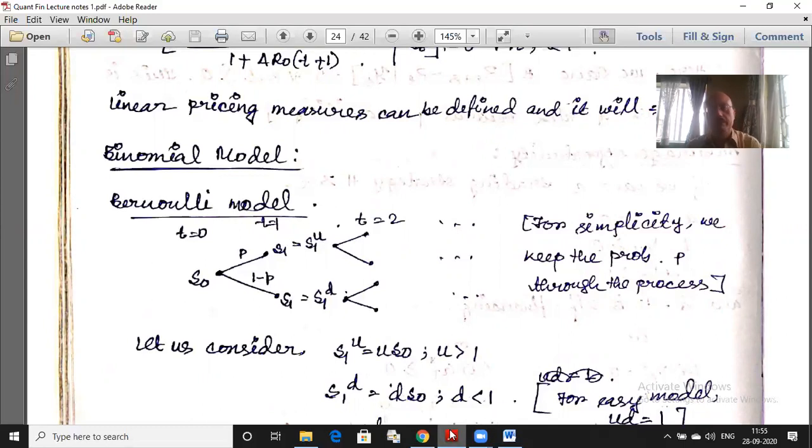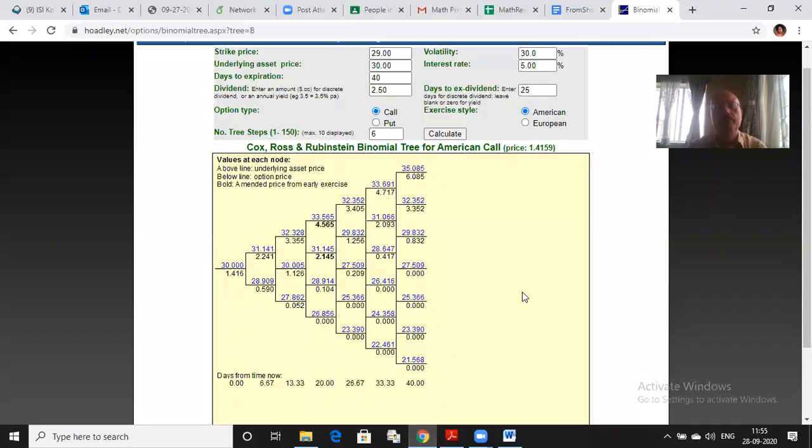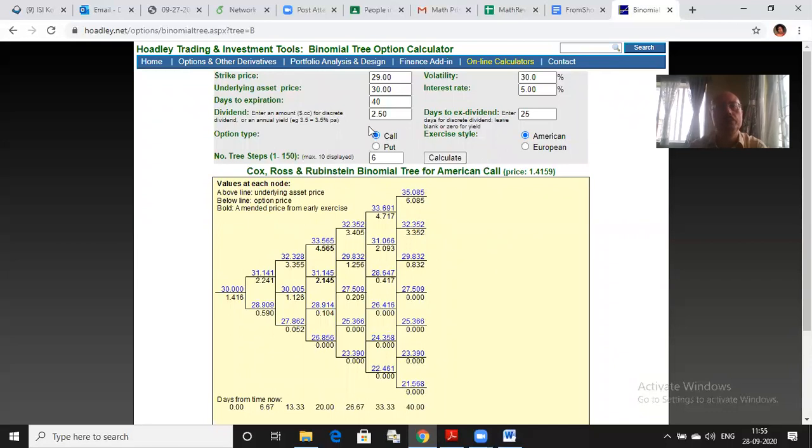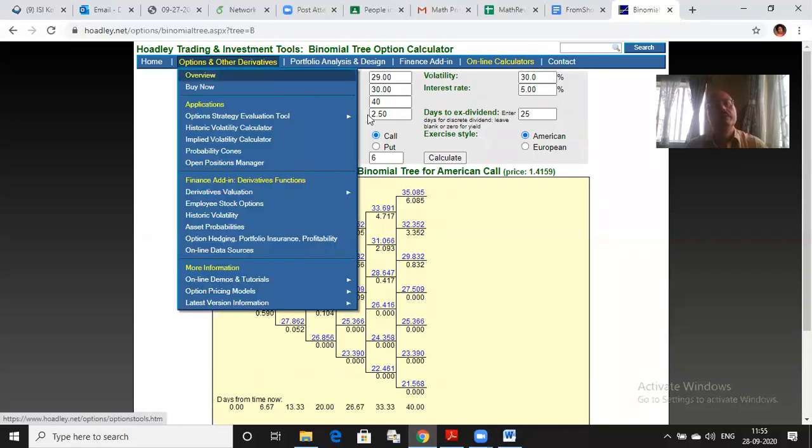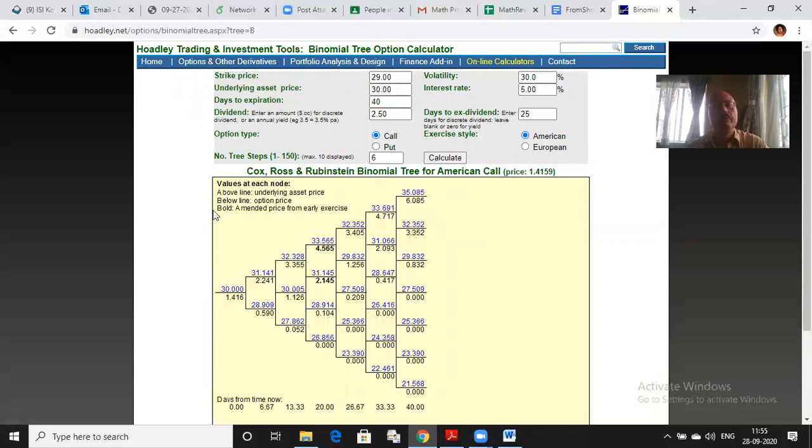So let me do a bit of back and forth. Let me show you this website. This website is also part of the websites that I shared with you in the classroom, Google Classroom Drive. Okay. So this is a web page where you can study all sorts of binomial tree-based financial asset pricing models.